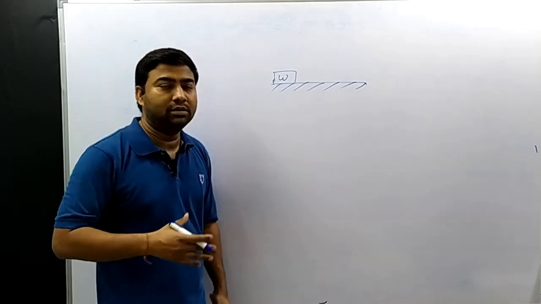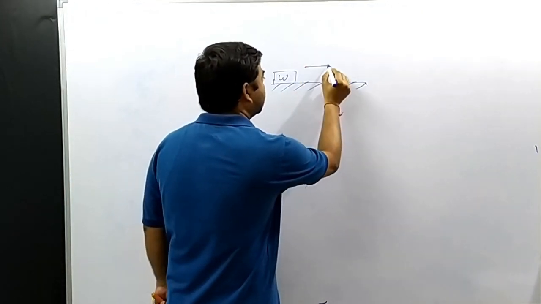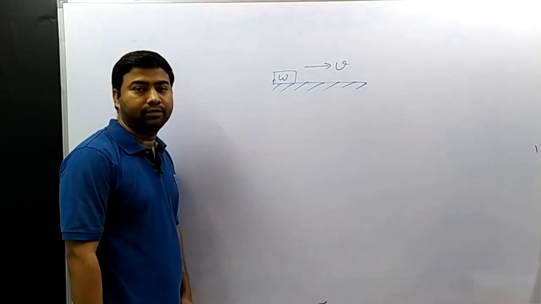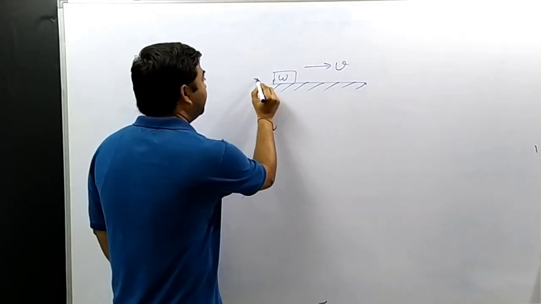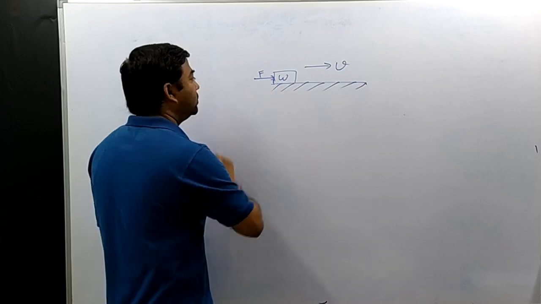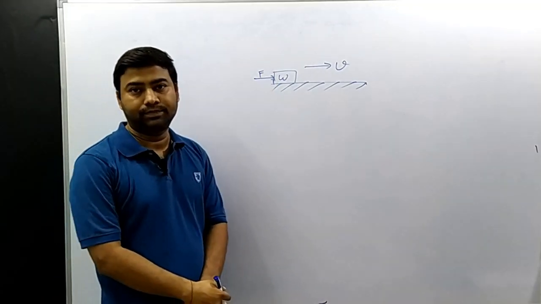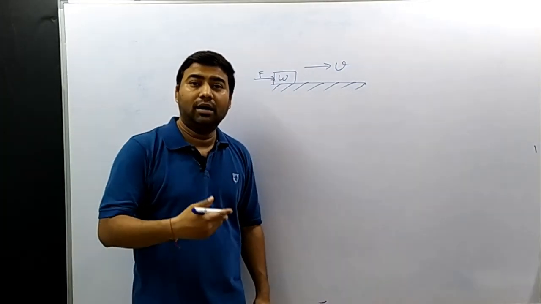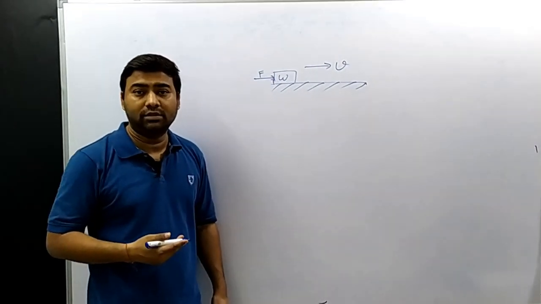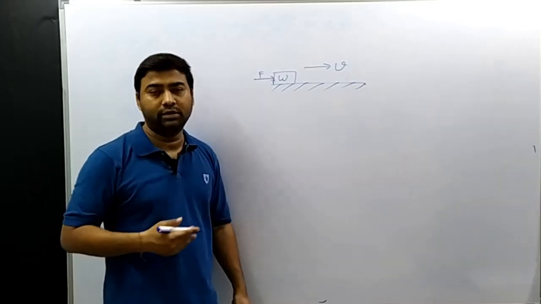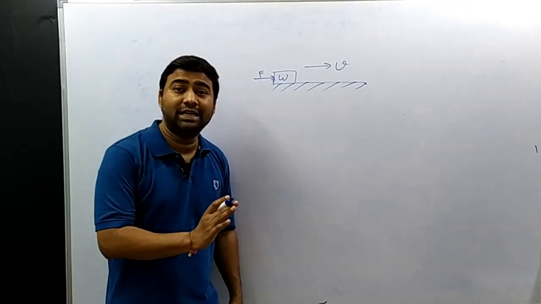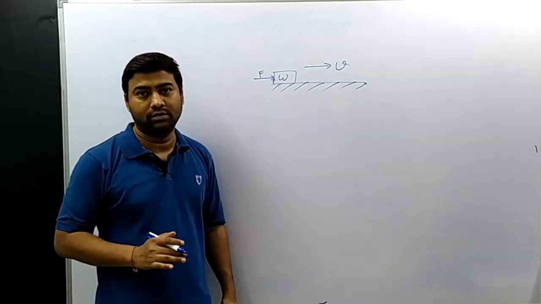will keep its motion in this direction with any velocity v until a force is applied on this block. So he said that to maintain an object in constant motion, we have to apply a force constantly on that object.